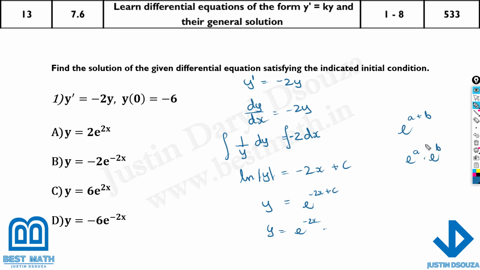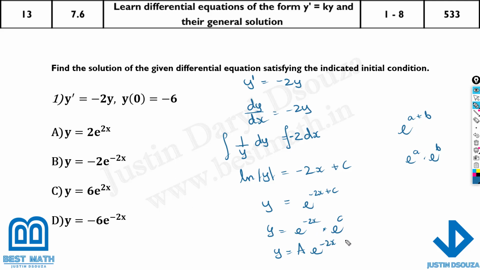Or if you want to simplify this together, you add the powers up if the bases are same, right? So I'm just writing this multiplied by e to the power c. Now this e to the power c, we'll write it as constant a. So y is equal to a e to the power minus 2x. So this is how we get it. Now initially we had minus 2, and since it's just y, it will be minus 2 directly as well.